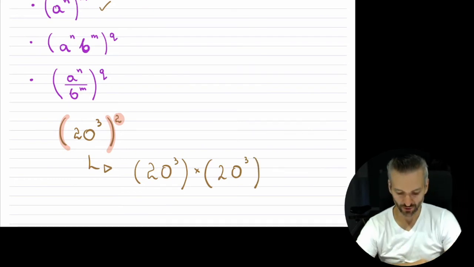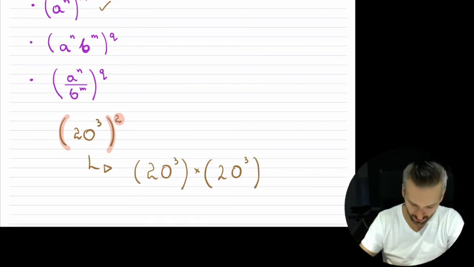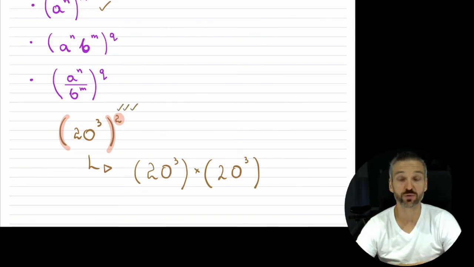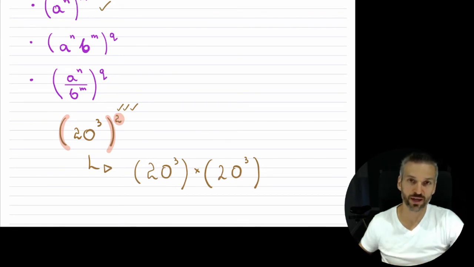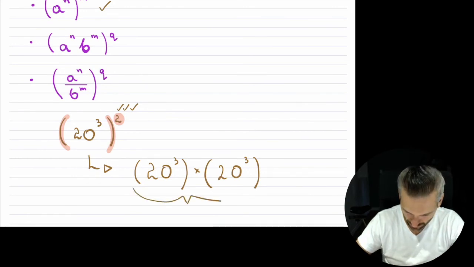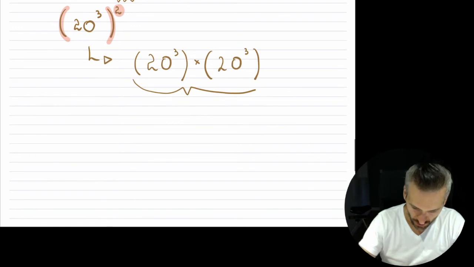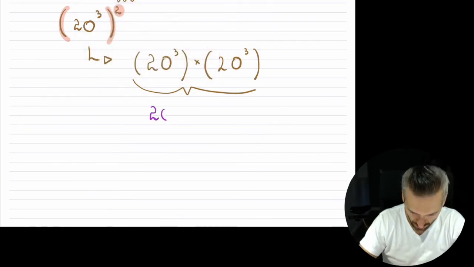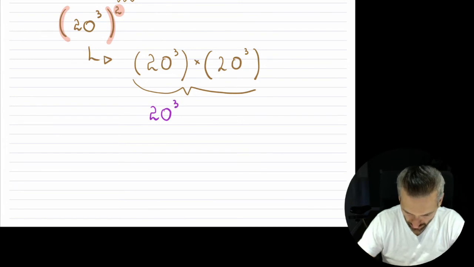Why? Because the exponent was 2, so I've applied it to the bracket 2 times. That's where that comes from. But wait a minute, now you will notice that these brackets are kind of irrelevant. So what I have is the following.